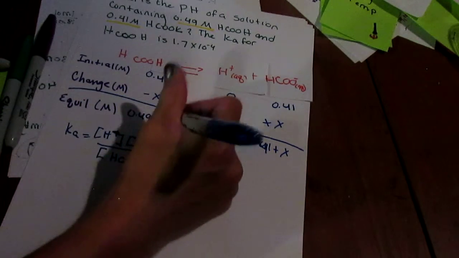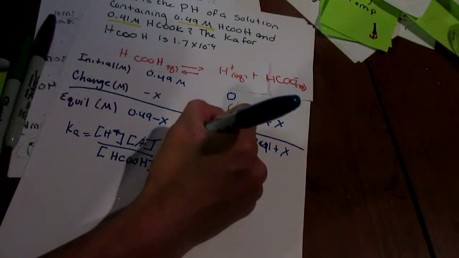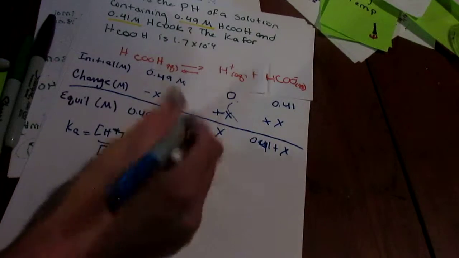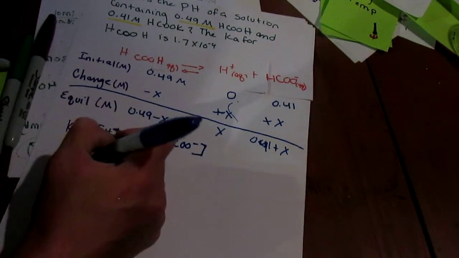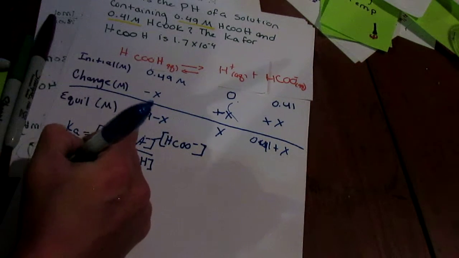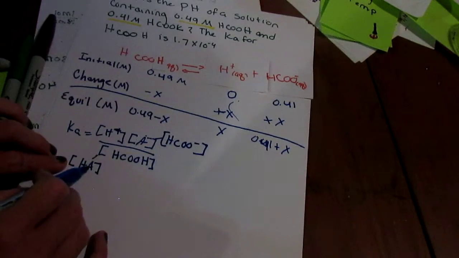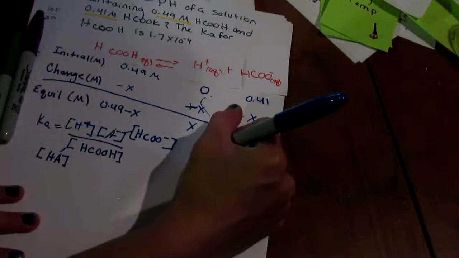So in terms, this up here would be our HCOO minus. That's how you would write it if you were just going through the motions. Let me go ahead and write it right here for you.